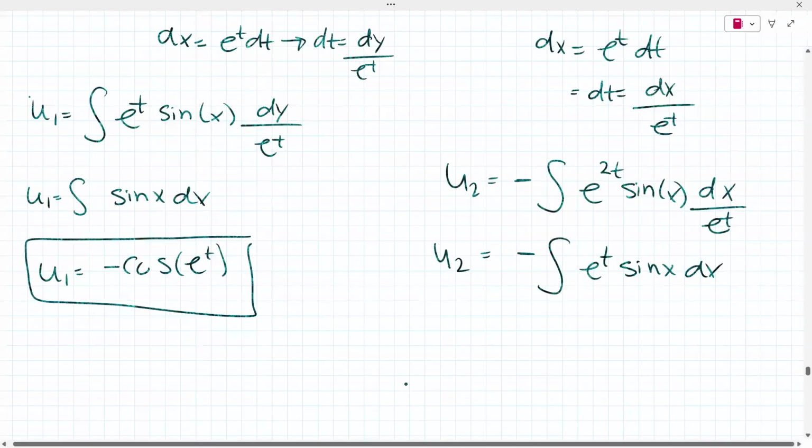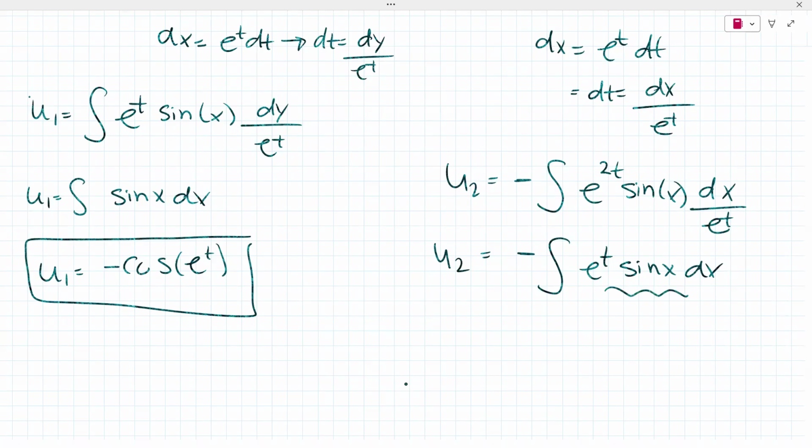And how do we take the integral of this? Yes, we have to do integration by parts, right? So yes, let's do that.